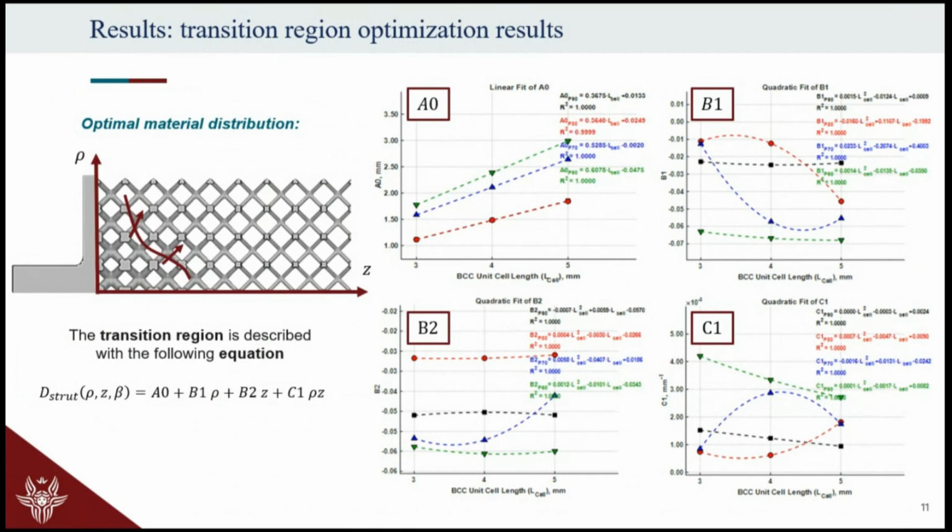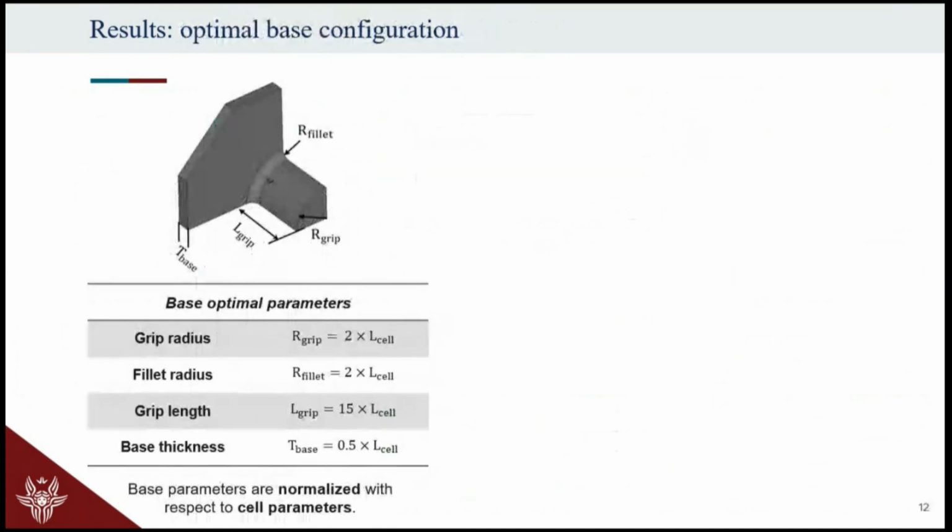And these are the charts that are linking the different cell dimension and the porosity basically to the different coefficients of this equation. The same can be done also for the base optimization, where you have these parameters that are normalized over the cell dimension in order to seek generality.